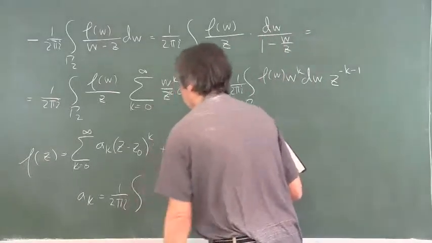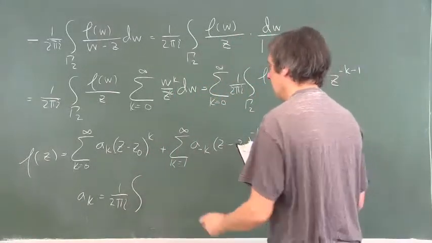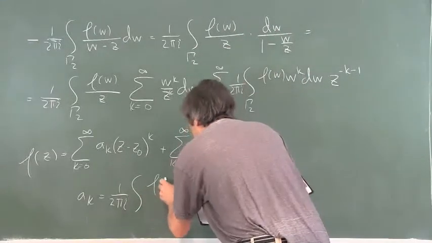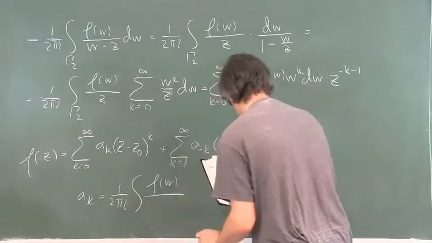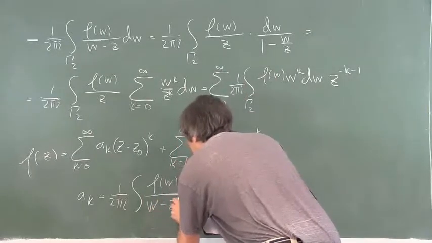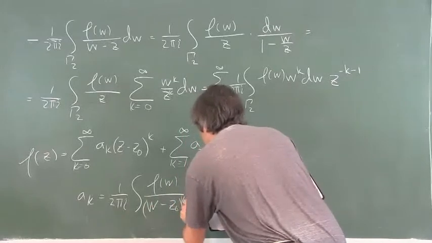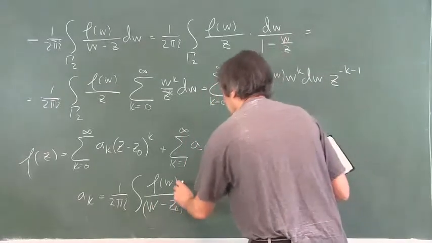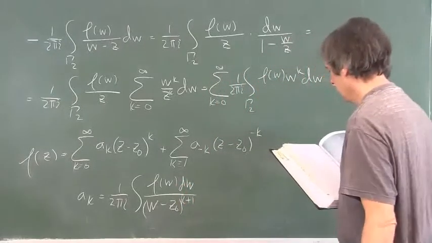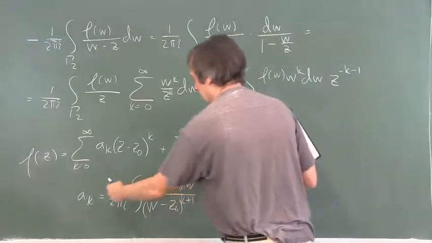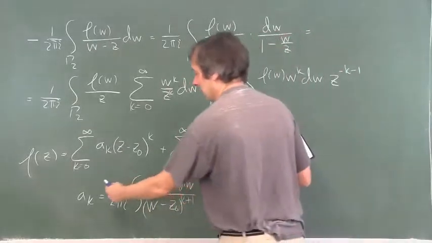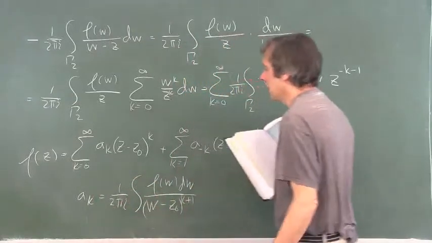So you will get an integral here now of f of w divided by w minus z naught to the power k plus 1, and then dw. So this will actually be true both for positive and negative k.